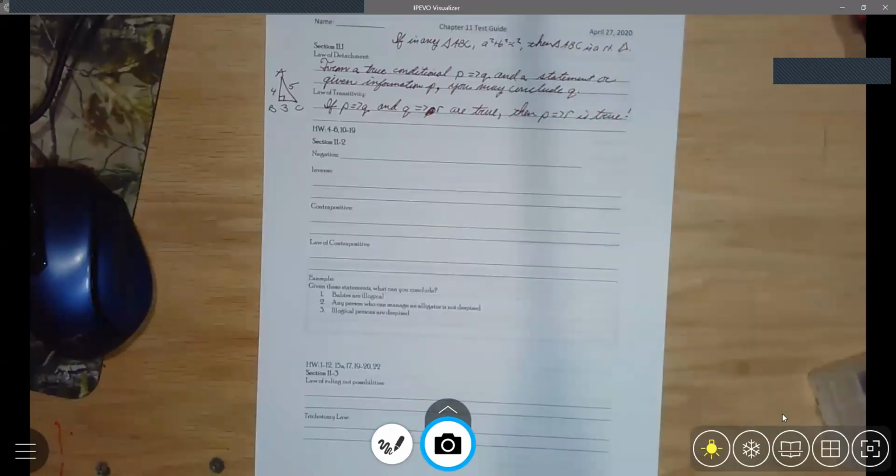All right, a few more terms. Negation. Negation means not.